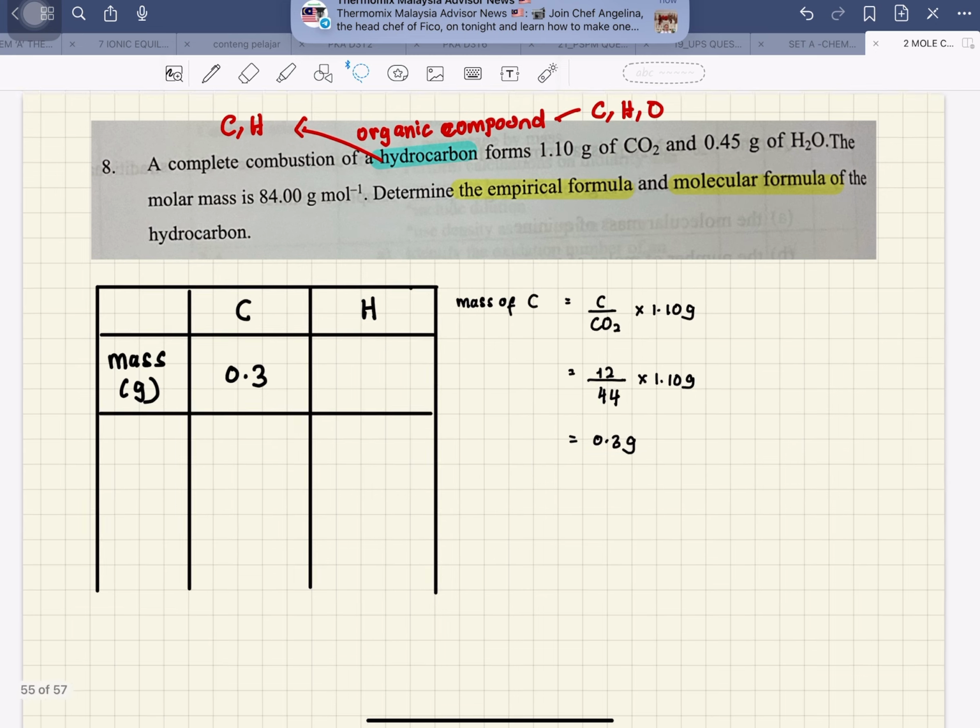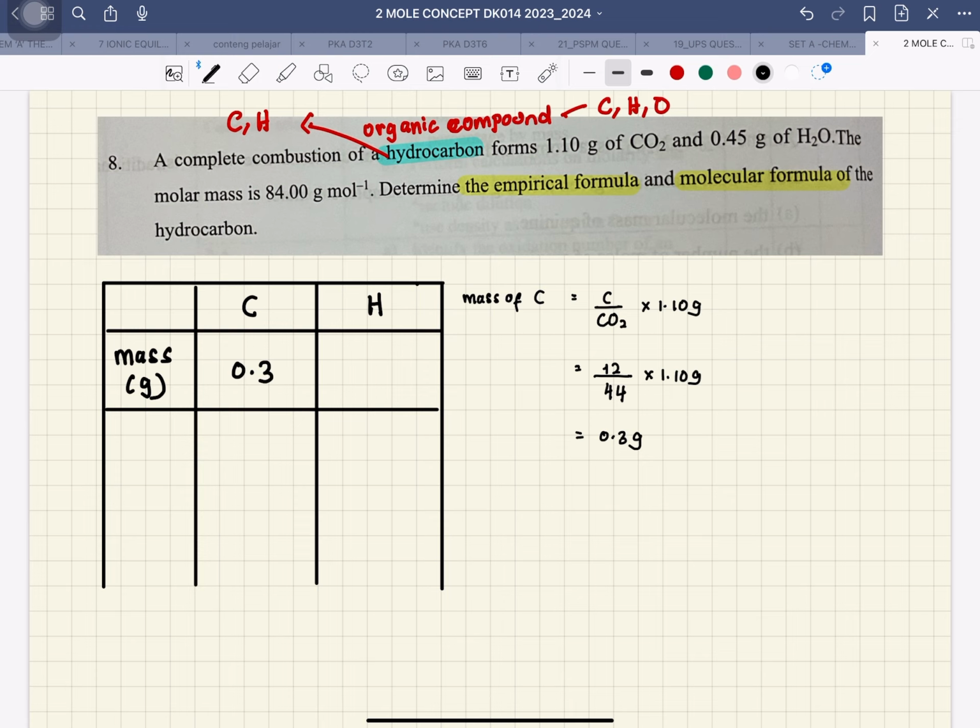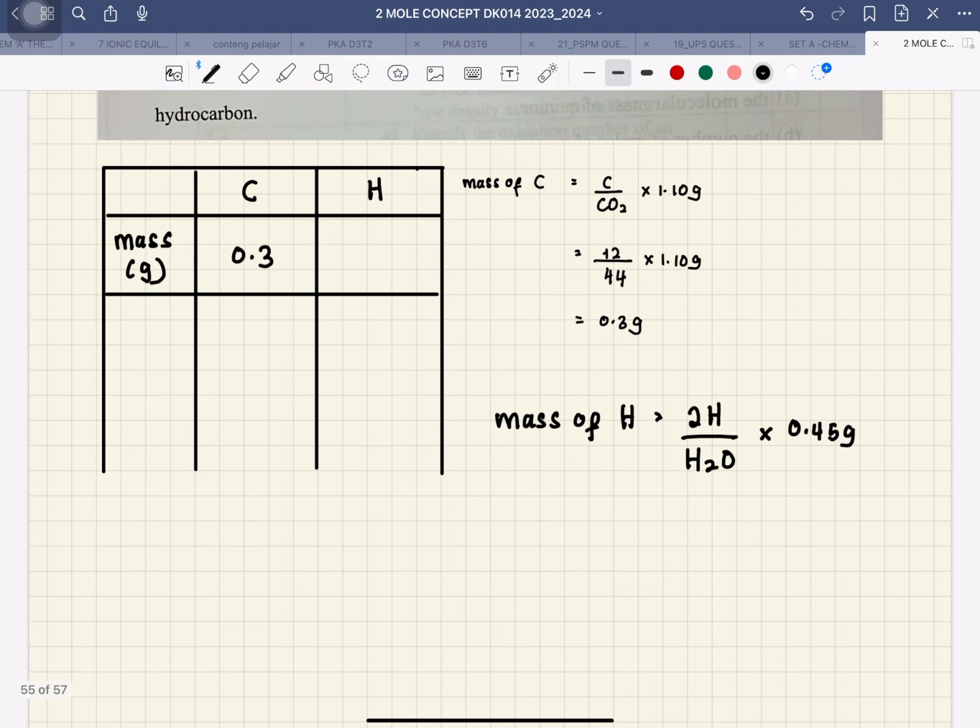Okay. Now next one, let's calculate mass of hydrogen. So in H2O, we have 2H. So 2H over H2O times 0.45 gram, which is equivalent to 2 over 18 times 0.45 gram, which is equivalent to 0.05 gram.